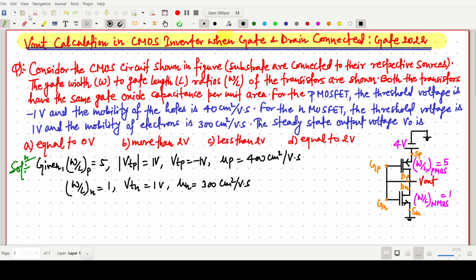So there is a mistake earlier: the electron mobility will always be higher, and this one is only 40. So mu n will always be higher than mu p. This data is for the PMOS and this one for the NMOS.